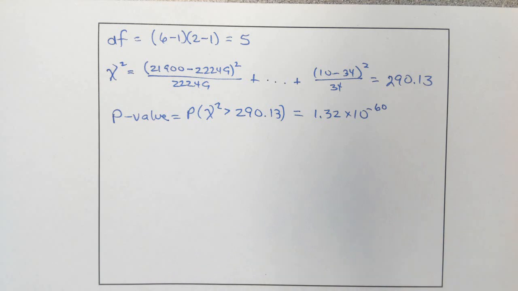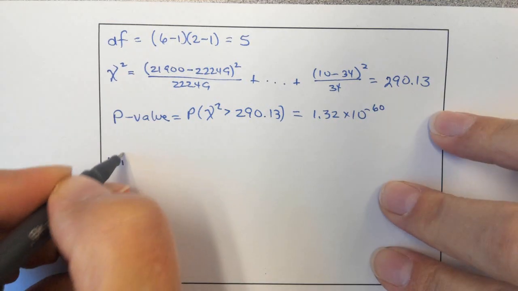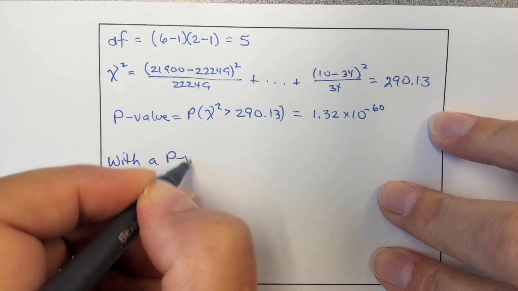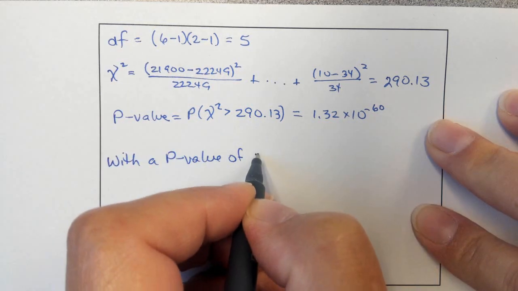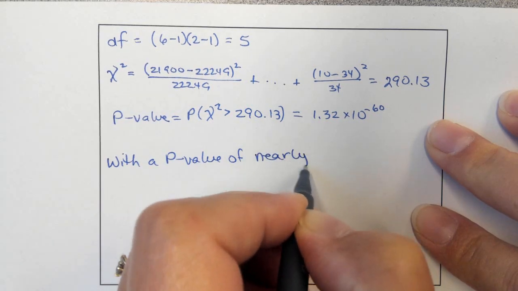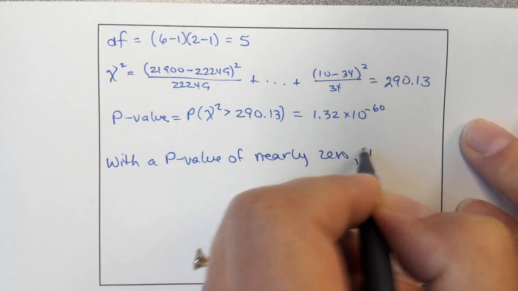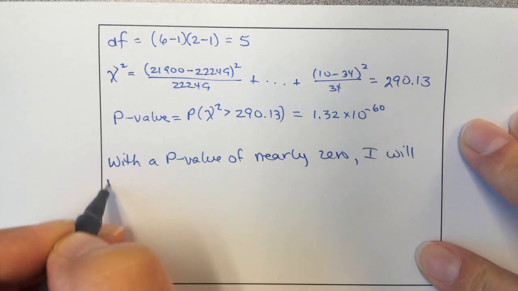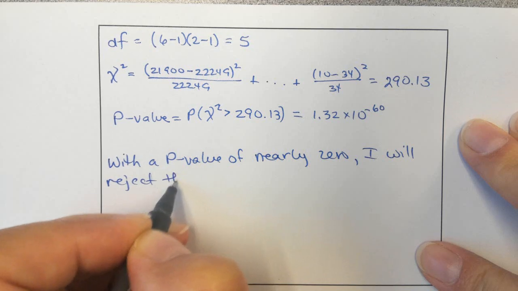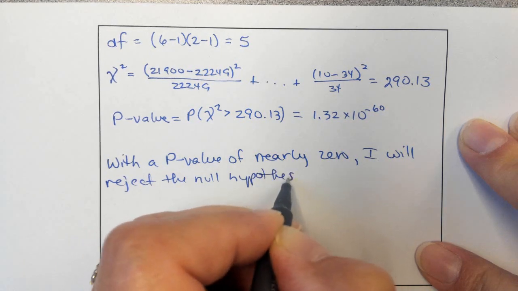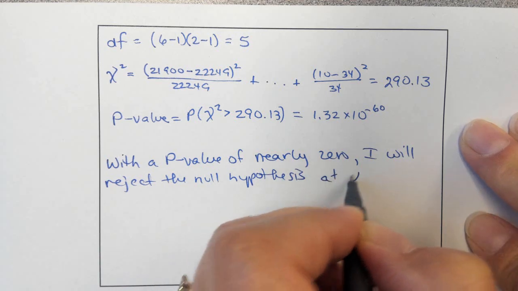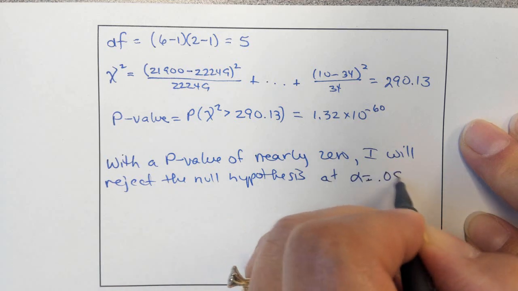Okay, so conclusion. With a p-value of nearly 0, I will reject the null hypothesis at any reasonable alpha level, so just pick one.